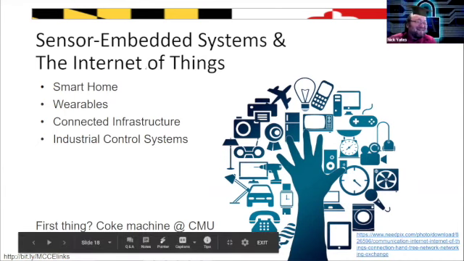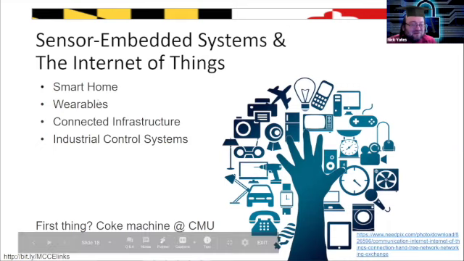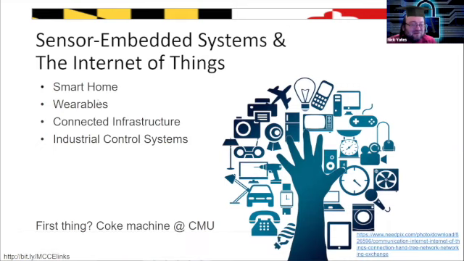So the Internet of Things also includes, of course, wearables, like your Fitbits or smartwatches, like the Apple Watch. I think Google Glass never really took off, but that would be considered a wearable, right? But also, something people don't think of as much is connected infrastructure, like smart cities, right?